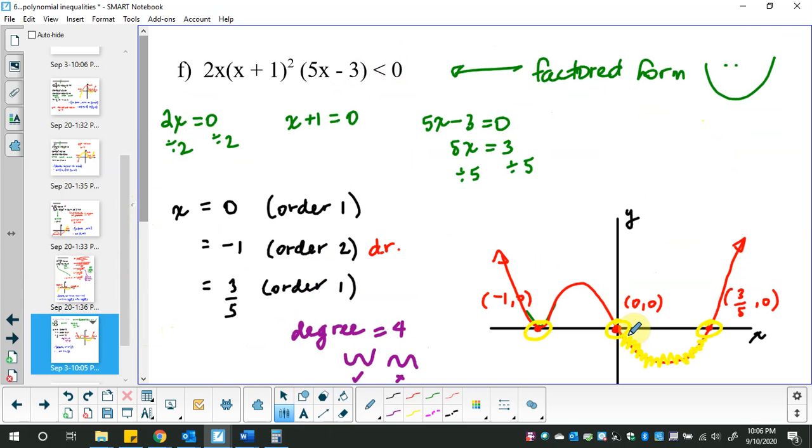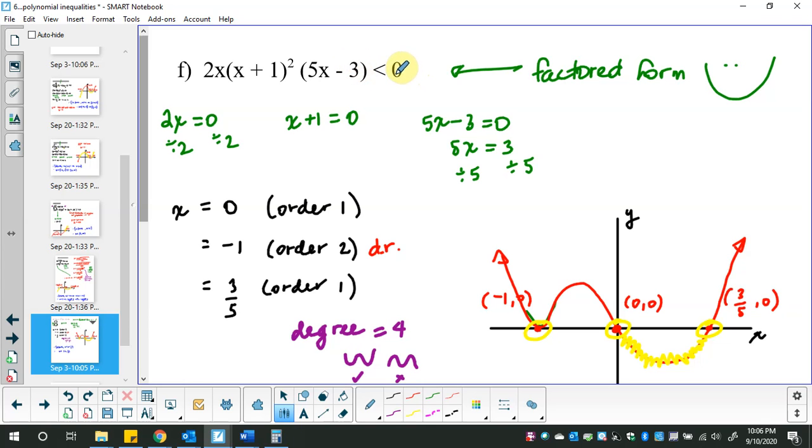That means any number that you pick that is between 0 and 0.6, when you substitute it in for all these x's, it'll give you a number that is less than 0. If you take any other number, so anything that is less than 0, if you take anything that is bigger than 0.6 and put it in for all the x's, you will get a number that is bigger than 0.